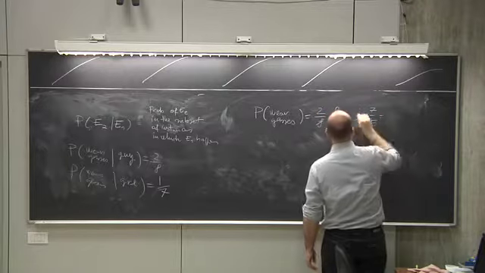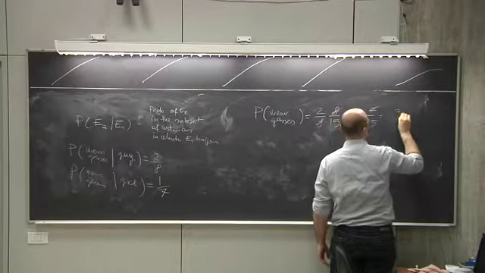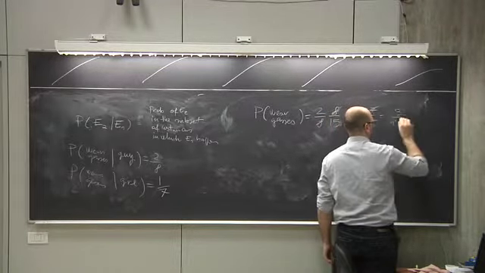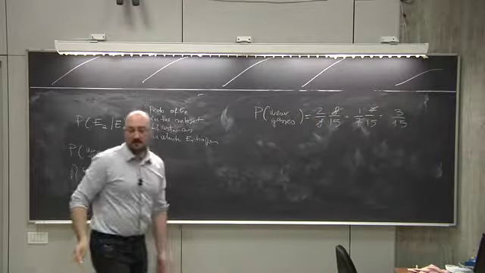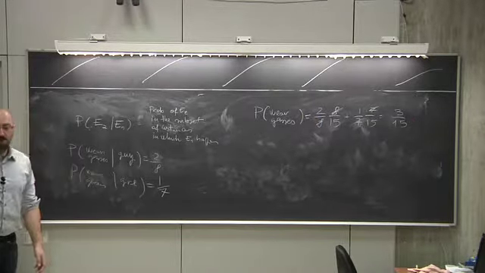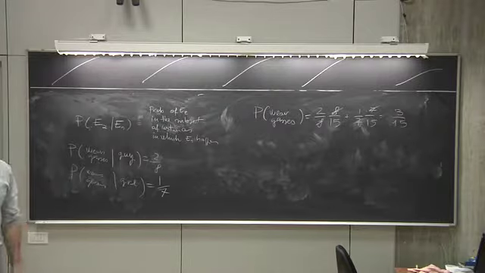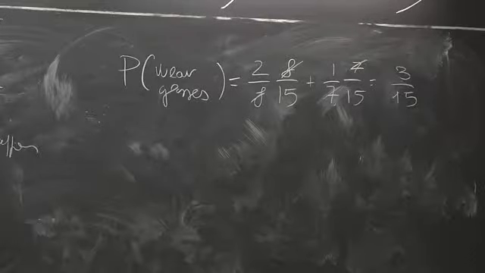If you do the math, you find that this is 3 over 15. And this works because we have 3 students with glasses and the teacher is excluded.